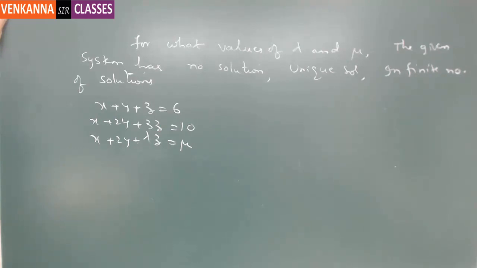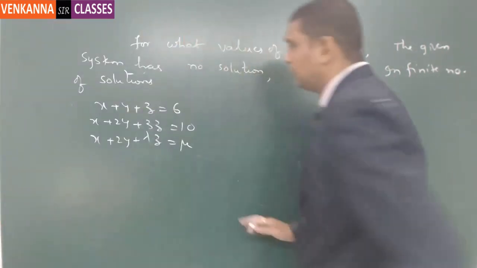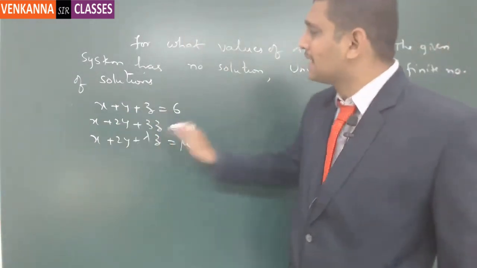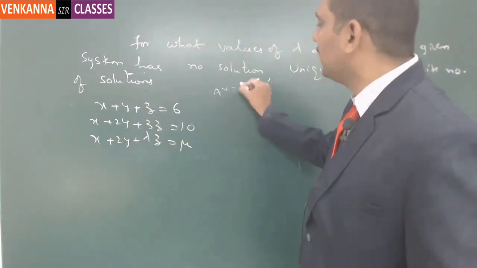Whenever you consider a non-homogeneous system, it will contain no solution, unique solution, or infinite number of solutions. Have you noted this? Now let us write the augmented matrix first. In the exam, you need to write the equivalent matrix pattern as Ax equal to B.